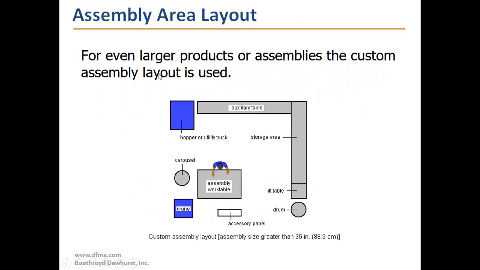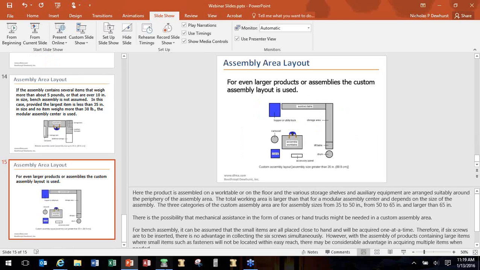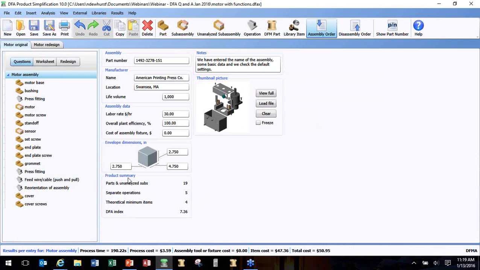And then the third case is for even larger assemblies, with assembly sizes greater than 35 inches. We assume that some custom assembly area layout is used, and the layout of the station is defined to be bigger, and therefore parts and tools and things like that are going to be further away from the assembly worker.